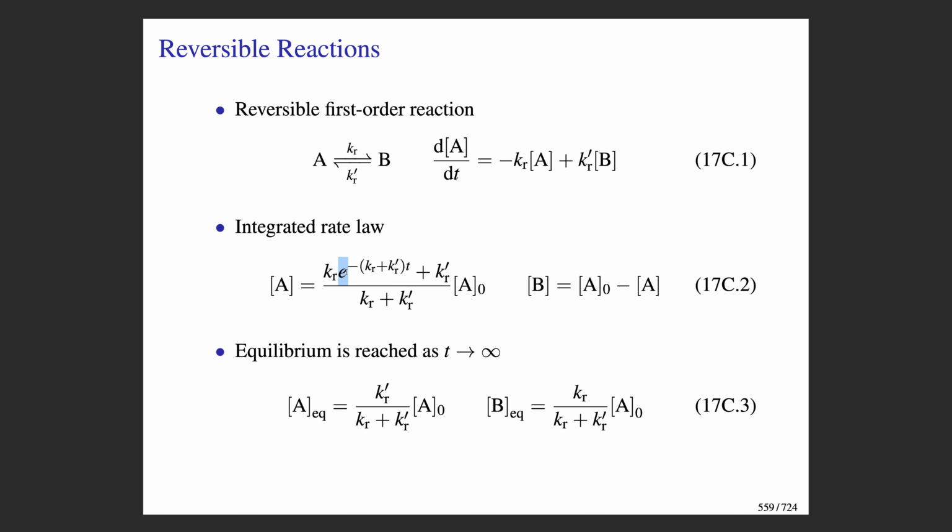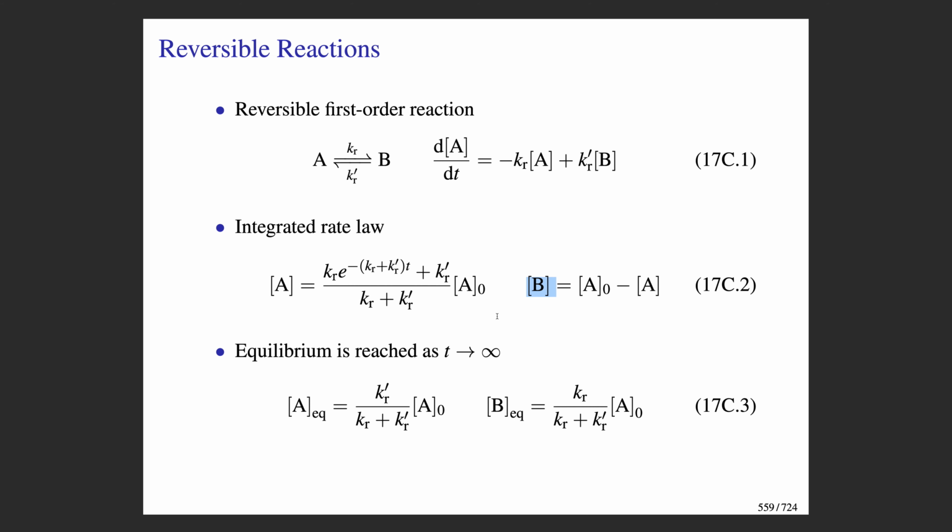You see that it does have this exponential component to it, but it's quite a bit more complicated than the ordinary first order reaction that we had before, due to the presence of all of these constants. And then, just due to stoichiometry, this would be the expression for species B's concentration. It just depends upon what starting conditions you have.